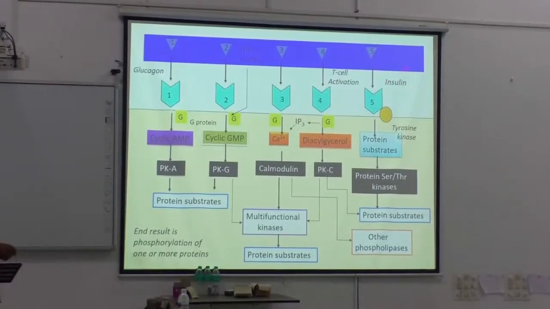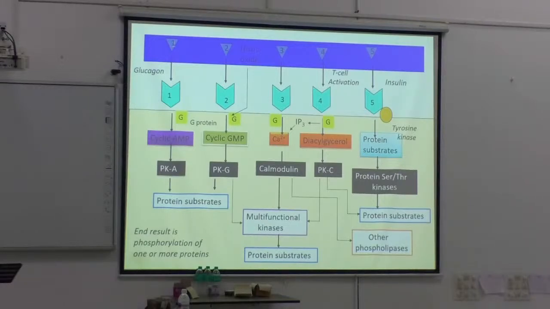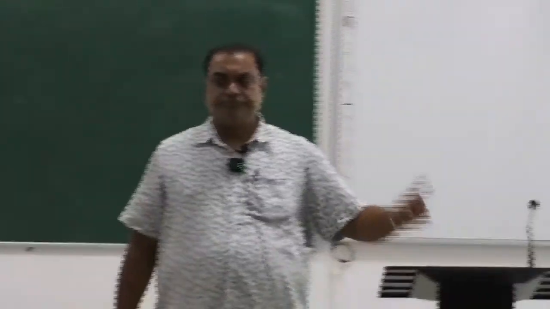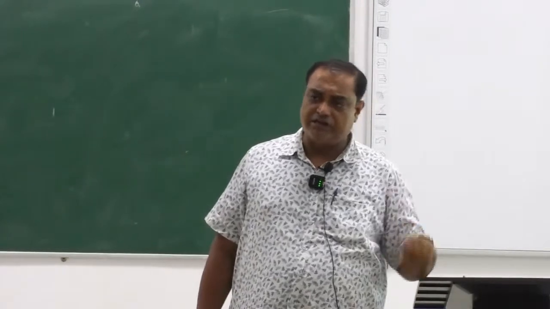Then insulin acts through a different, altogether different pathway. Tyrosine kinase, serine and threonine kinases, protein substrates. Insulin works through dephosphorylation. Remember, glucagon causes generalized phosphorylation.